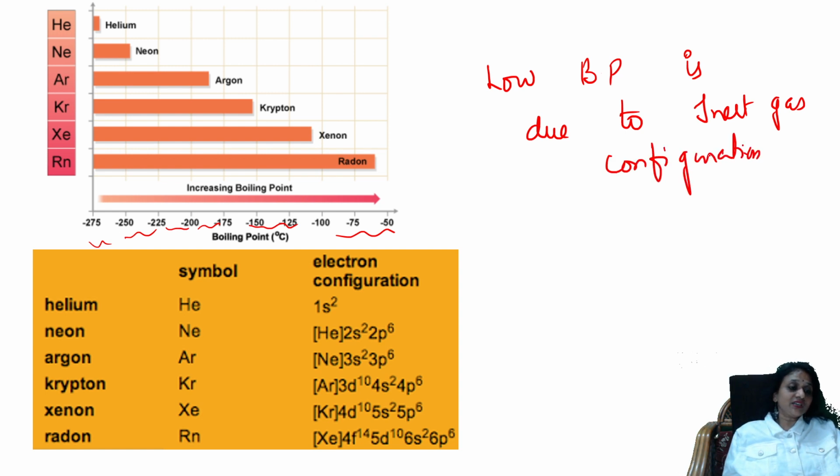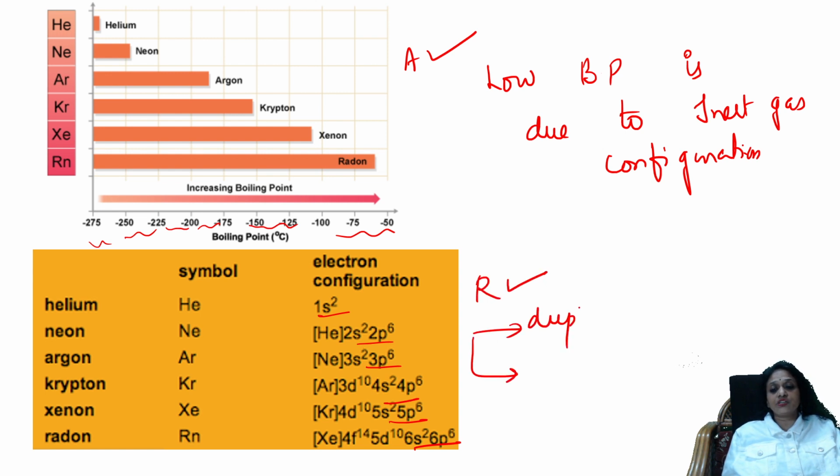That's why the assertion is right. Then they said noble gases have fulfilled configurations. Yes: duplet, octet, octet, octet, octet, octet. So the reason also is right because they have duplet and octet configurations. But both are different concepts, students. That's why I selected option B.